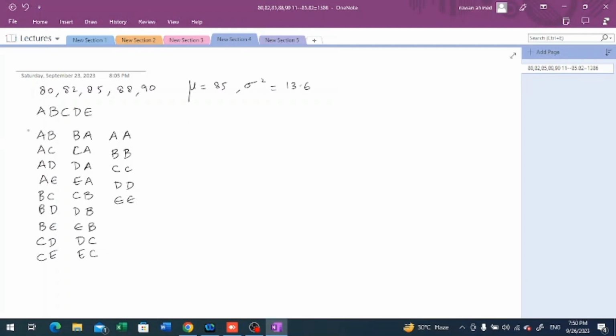Now, this first list of letters we have already done in the case of sampling without replacement.